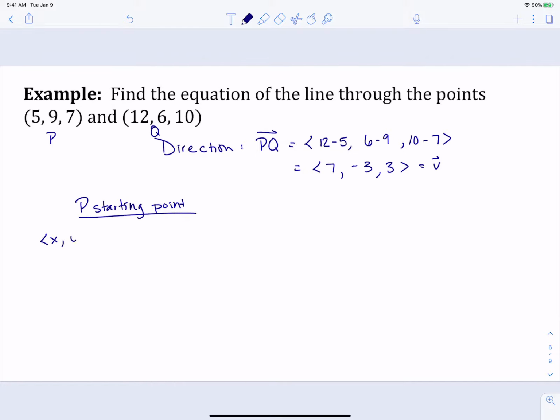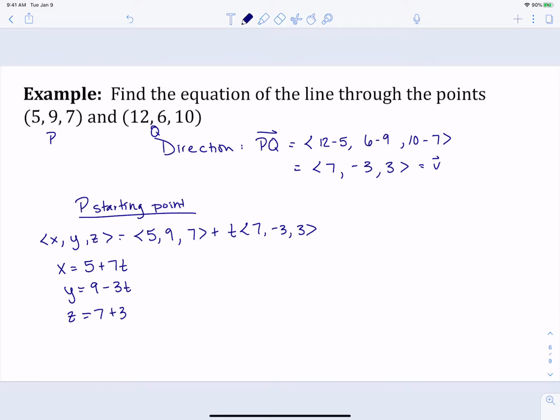So our line here with P as the starting point is going to look like this. We're going to use 5, 7, 9 as that starting point and then do some scalar multiple of our direction vector. And the parametric equations are going to be x is 5 plus 7t, y is 9 minus 3t, and z is 7 plus 3t.